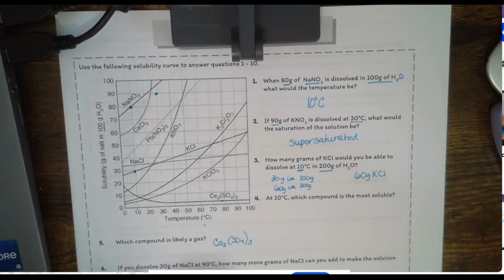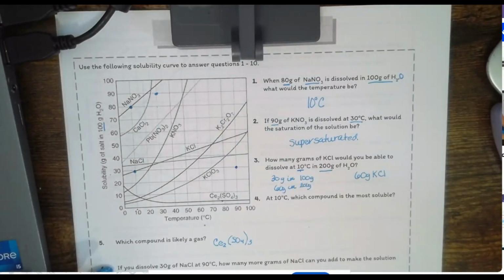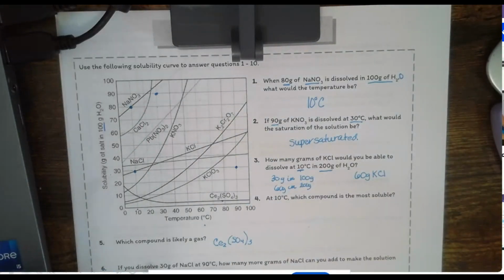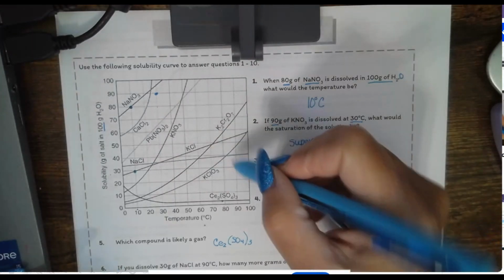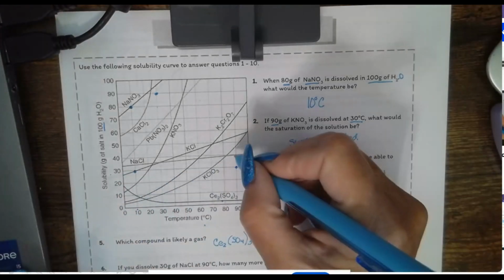All right, if you dissolve 30 grams at 90 degrees, the very first thing I'm going to do is look up 90 degrees, 10, 20, 30 grams. Okay, so that's the point. Now I'm going to look and see what it's asking. How many more grams of NaCl can you add to make the solution saturated? So we want to find our line for sodium chloride, NaCl, and take it over here.